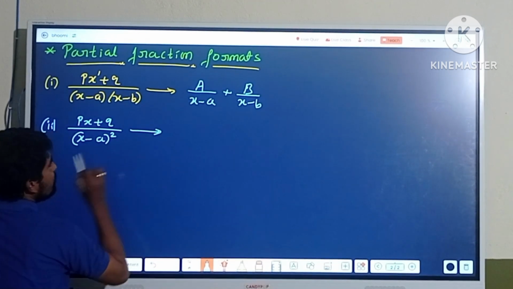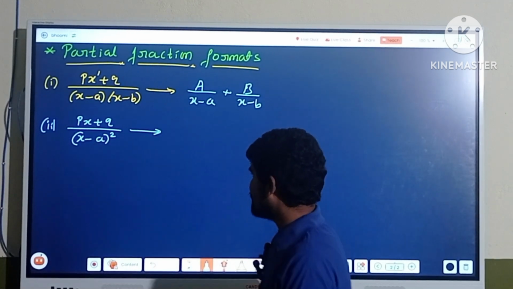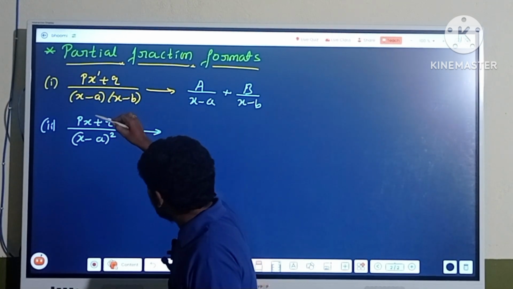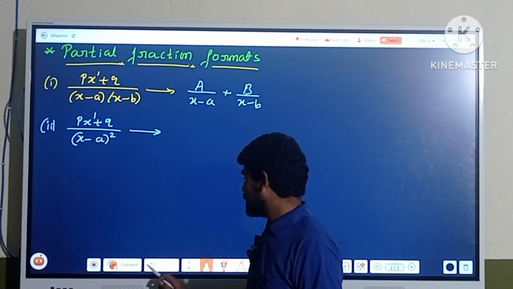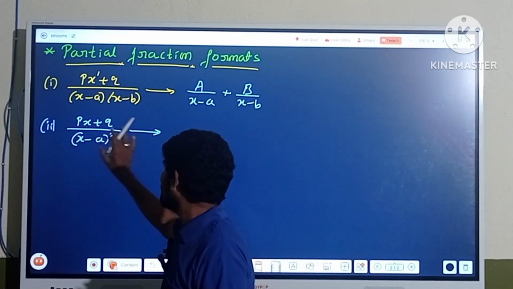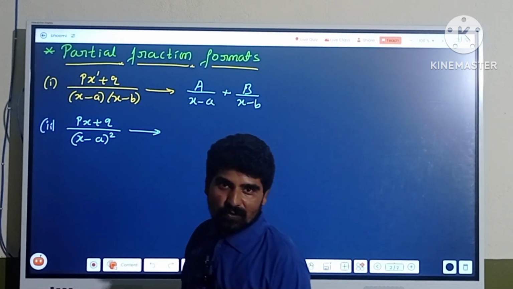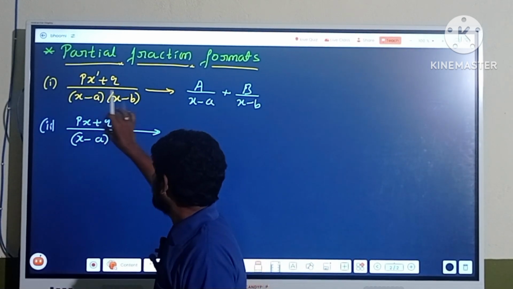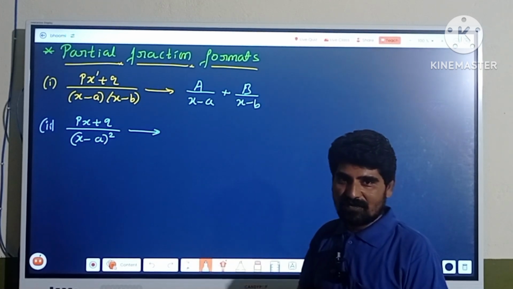Observe here, this is also a proper rational function, because the degree of the numerator is 1 and the degree of the denominator, (x - a) whole square, is 2. Therefore the degree of the numerator is less than the degree of the denominator, so it is a proper rational function.